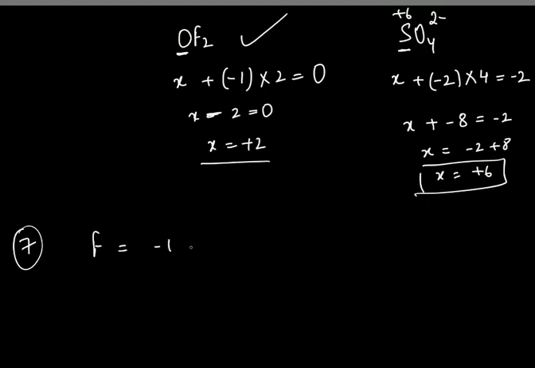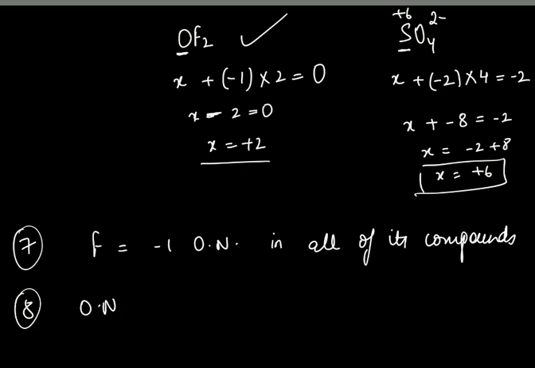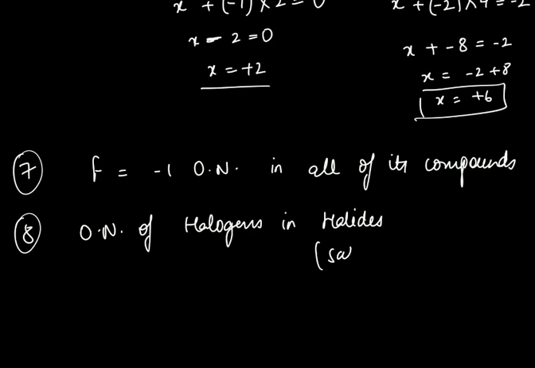Fluorine has -1 oxidation number in all of its compounds. Then the oxidation number of halogens in halides, which are nothing but salts of halogens, is always going to be -1.